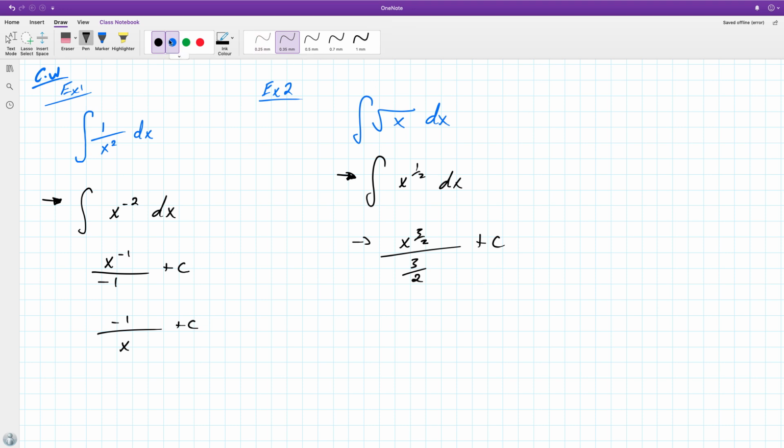Right, have a go at this one. Integrate for me 2x squared minus 5x.